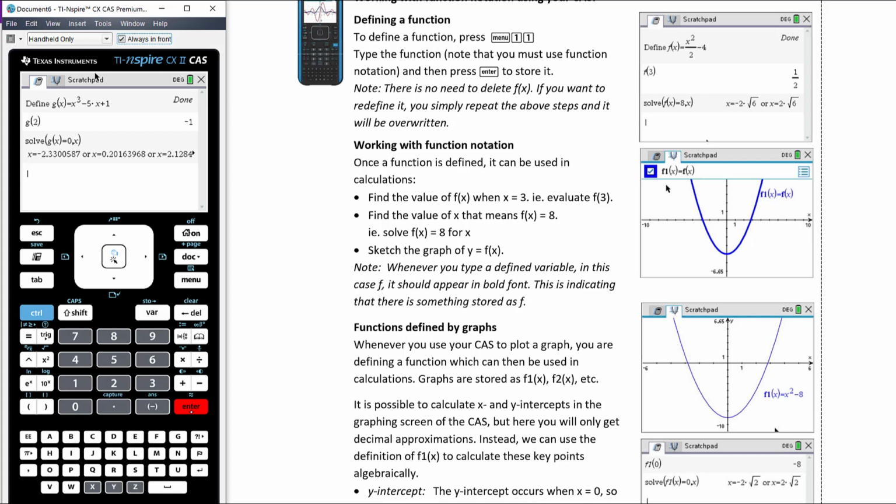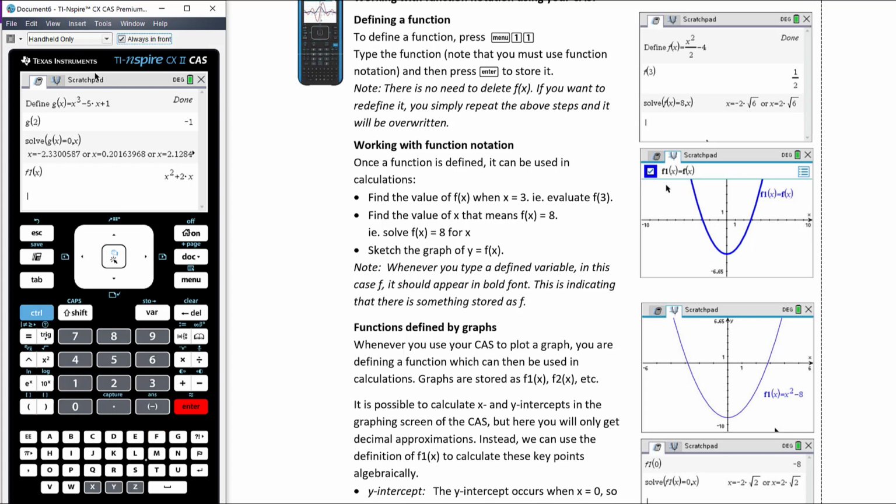The other way you can define a function is when you draw a graph. So let's say I draw the graph of x squared plus 2x. If I want to then use that function definition, I can. Automatically by drawing the graph, we've now defined f1 of x as this particular rule. So over in my calculator screen, if I type f1 of x, it should bring up that rule.